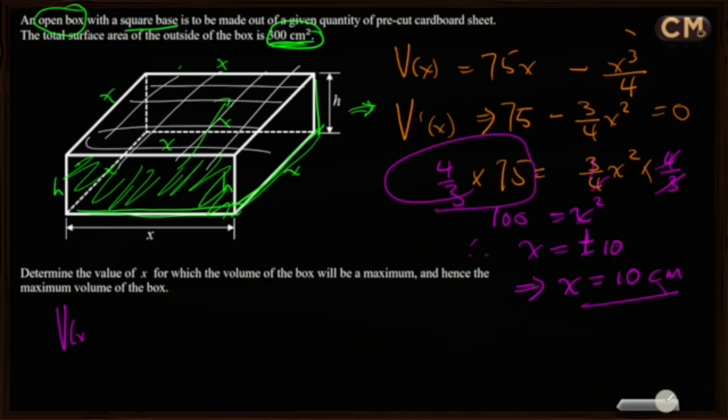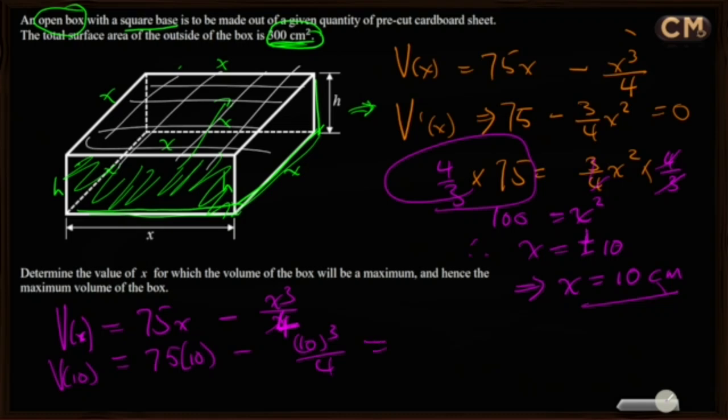The volume with respect to x, you should remember, is equal to 75x minus x cubed over 4, and we'll just substitute the value 10 in there, so that's 75 times 10 minus 10 cubed over 4, which is equal to 500 cubic centimeters. Well, and that is that, apparently.